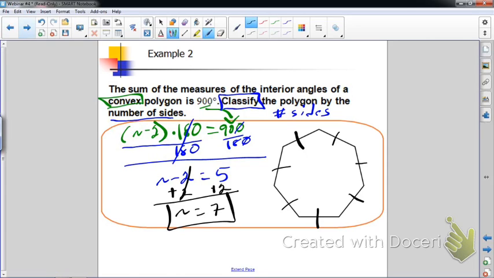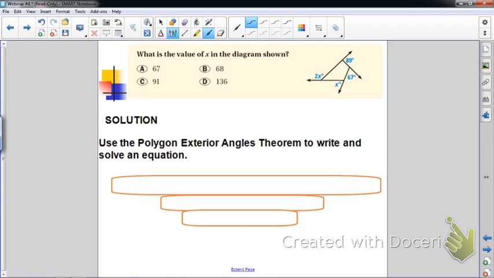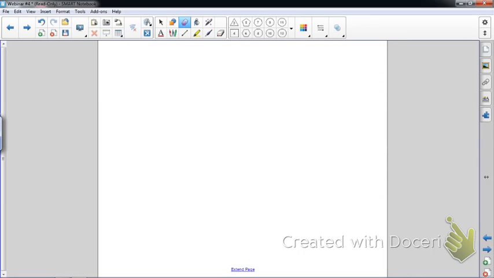Okay. So the next thing that we talked about, we also talked about interior angles, and we are now going to talk about the exterior angles. Depending on the number of sides that you may have for a polygon, let's do a polygon that has 16 sides. Let me put that on a new page so that you can see. A 16-sided polygon looks like this.